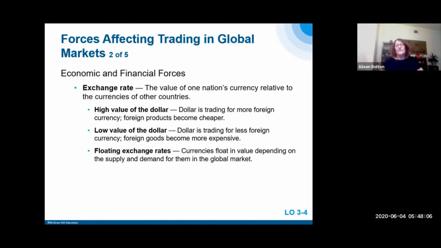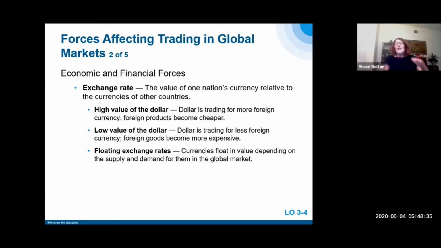A high value of the dollar means it's trading for more than the foreign currency, which means their money has less value. A low value of the dollar means it's not worth the same as their money, so foreign goods will cost us more. So high value is cheaper, low value is more expensive.